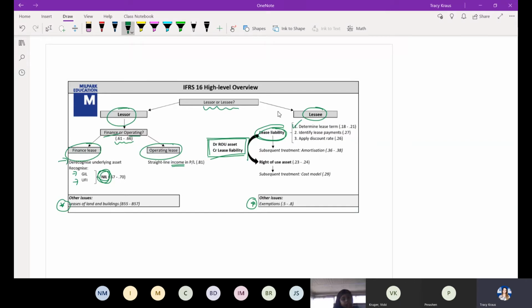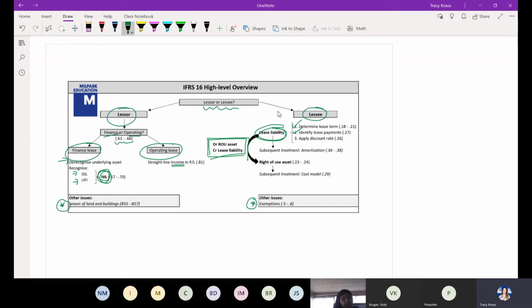Okay. Then identify the lease payments, and remember that there are a number of types of lease payments. So there are fixed lease payments, which are the ones that are easy to identify. Those are just the contractual payments which have to occur every period.